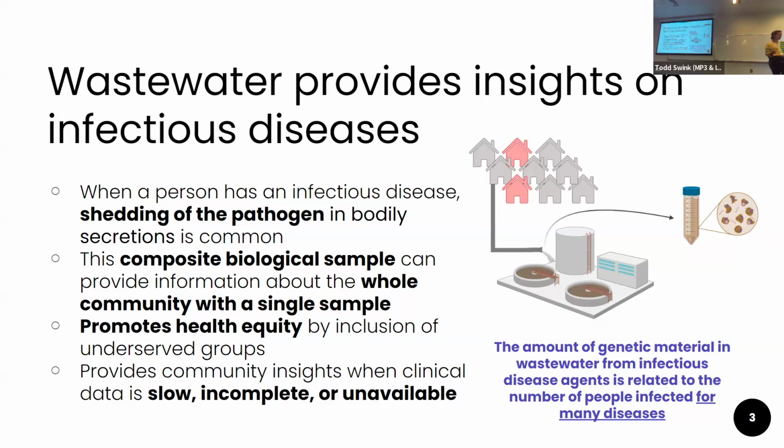And so there are some advantages to this. This can promote health equity because we're including everybody who's connected to the sewer system, regardless of what their access is to healthcare services. Now, the obvious flip side of that is you do have to be connected to the sewer system, right, to be included, but 85% of Americans live on networked sewer systems.